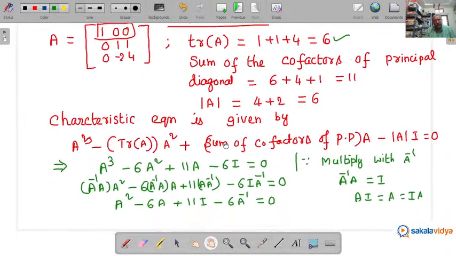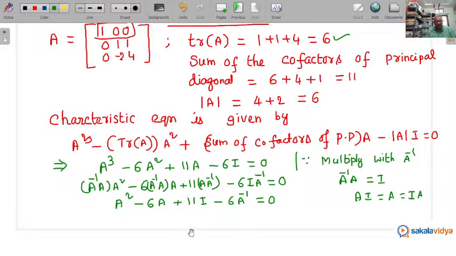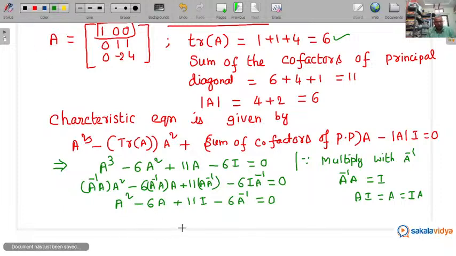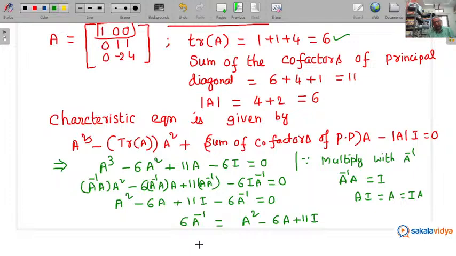So now the 6A inverse is equal to, we can write as A square minus 6A plus 11I. So A inverse is equal to 1 by 6th of, you can write A square minus 6A plus 11I.